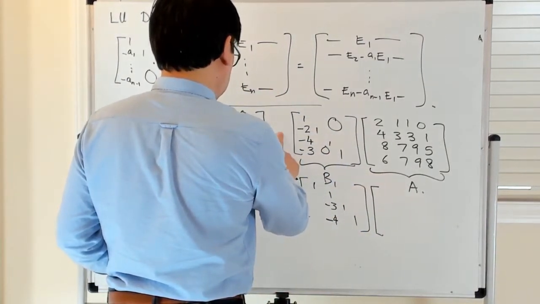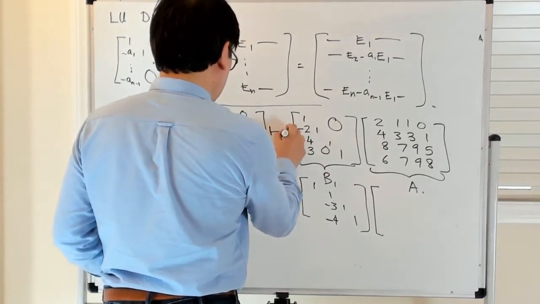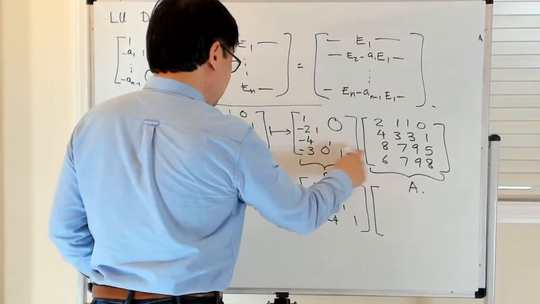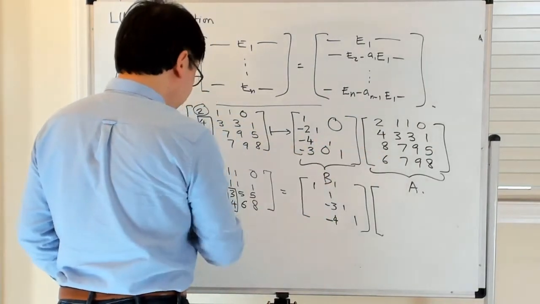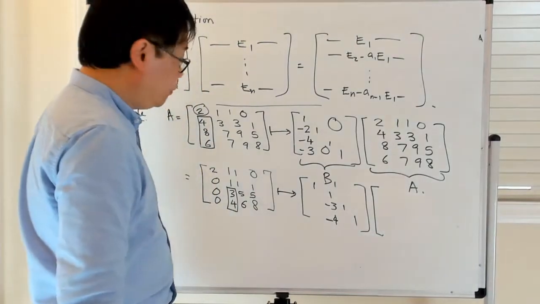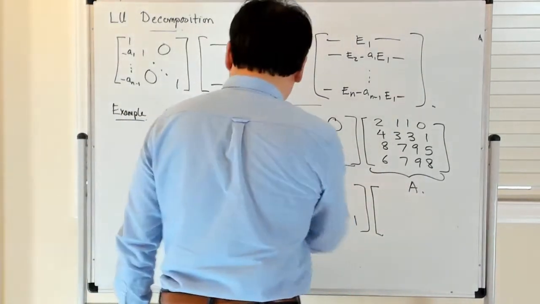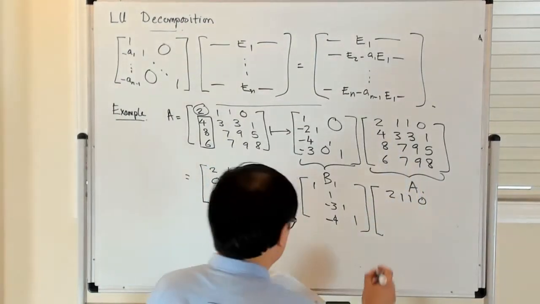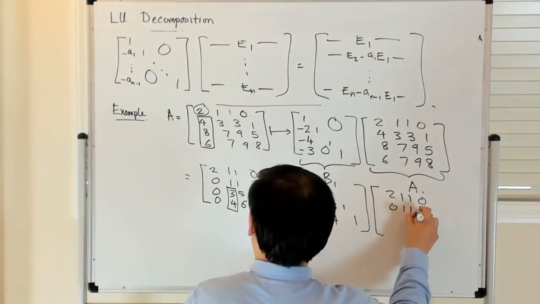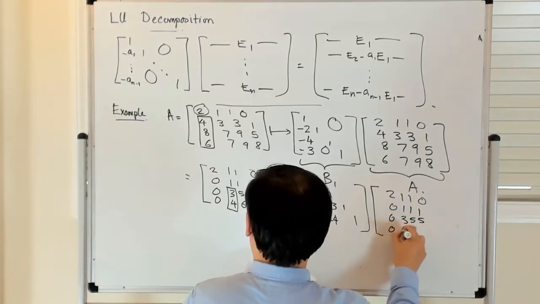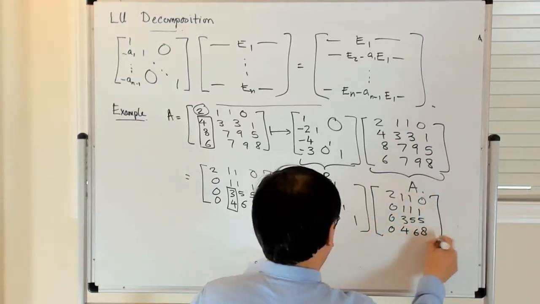Okay, so this is mapped by B1 to this, and this product is equal to this, and then this is going to be mapped by a second set of elementary row operations to this times that, which is 2, 1, 1, 0, 0, 1, 1, 1, 0, 3, 5, 5, 0, 4, 6, 8.